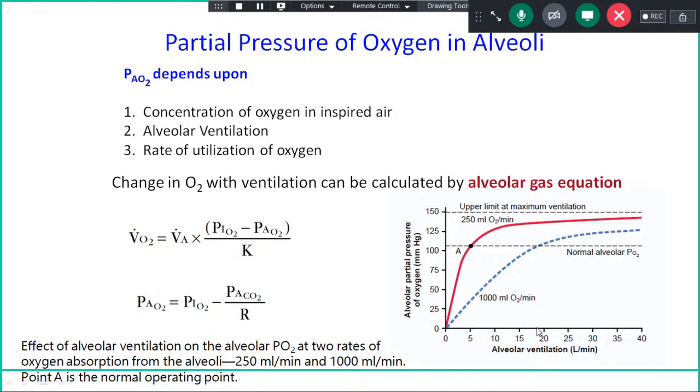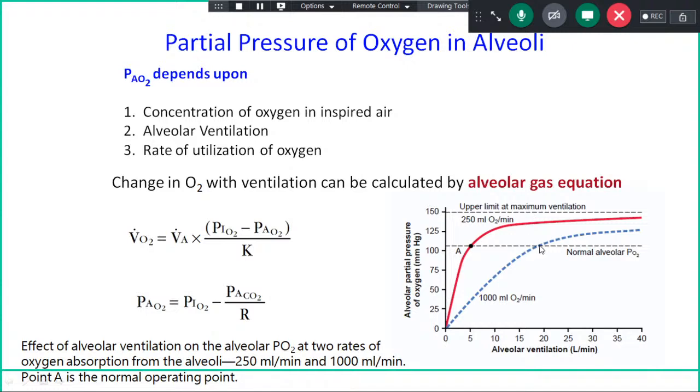But it does not have the same relation as in carbon dioxide, where if you double the alveolar ventilation, the partial pressure of carbon dioxide becomes half. Here, when you double the alveolar ventilation, that does not mean that the alveolar oxygen will become double, because it can go up to a maximum of 150 millimeter of mercury and not beyond that.